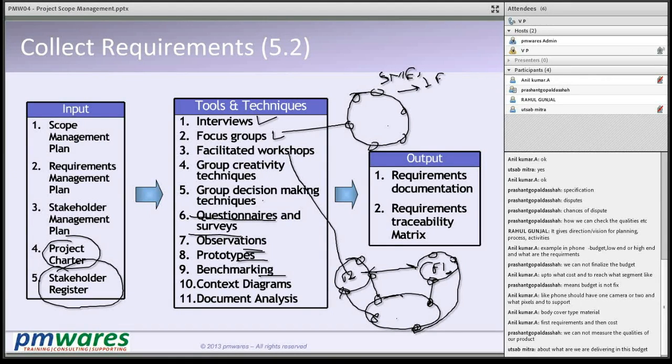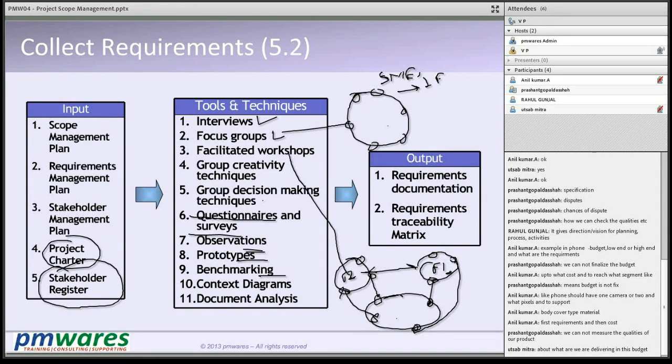By looking at what the competitor's product gives as features. Those features will become our features as well, and we may try to push one or more additional features to take an edge over the competitor. Such kind of requirements gathering is called benchmarking. We are doing benchmarking on our competitor's product.